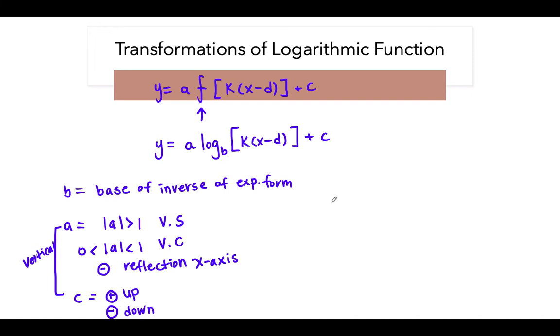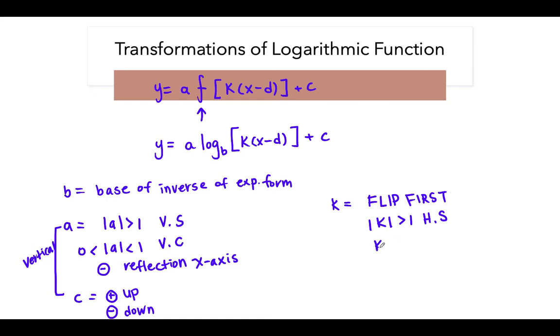Then let's go over k. I'm going to write down flip first. If k is greater than 1, it's a horizontal stretch.